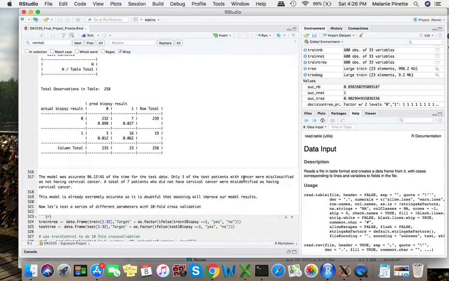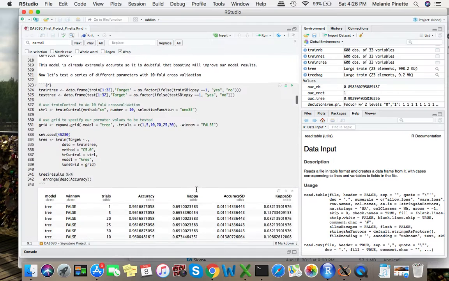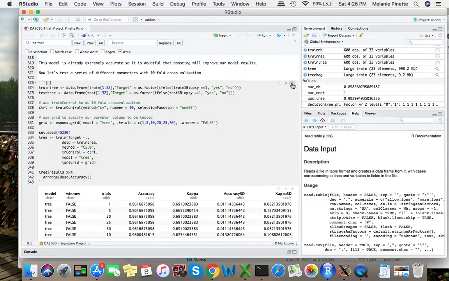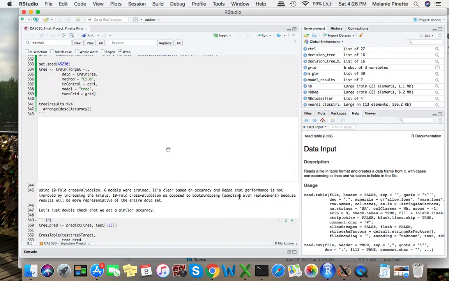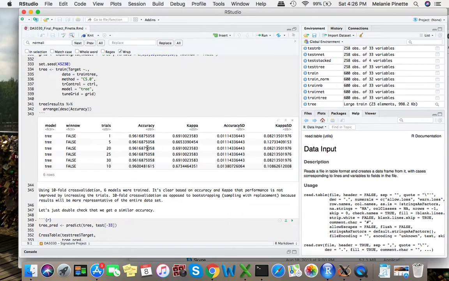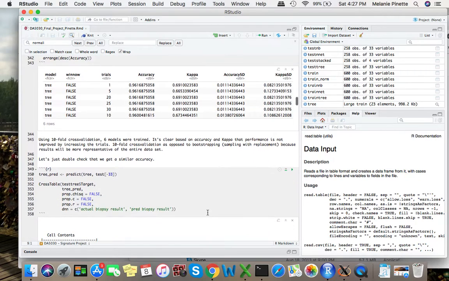This model is already extremely accurate, so it's doubtful that boosting will improve our results at all, but let's just see what happens when we try to tune and test several parameters with tenfold cross-validation. We see that the best model with the fewest parameter inputs has 1 trial, so increasing the number of trials and boosting doesn't really affect our accuracy at all, so we'll just stick with our original model.